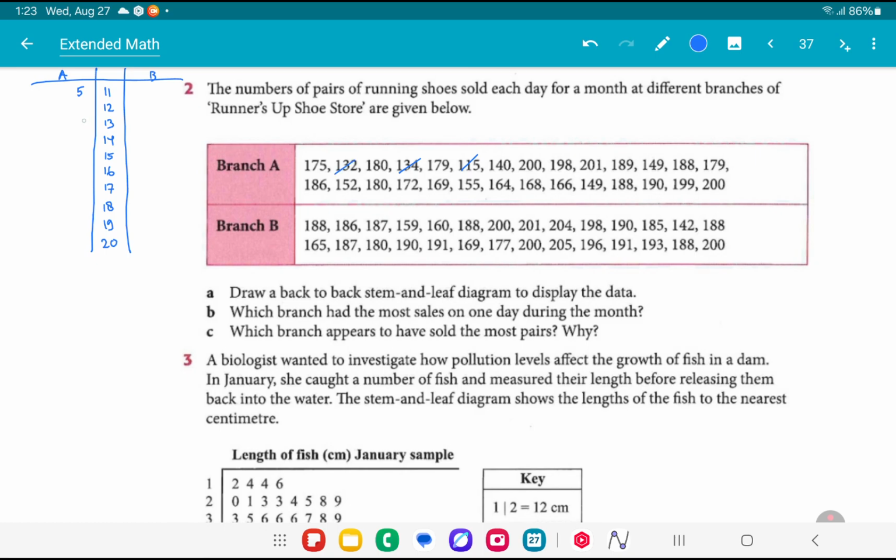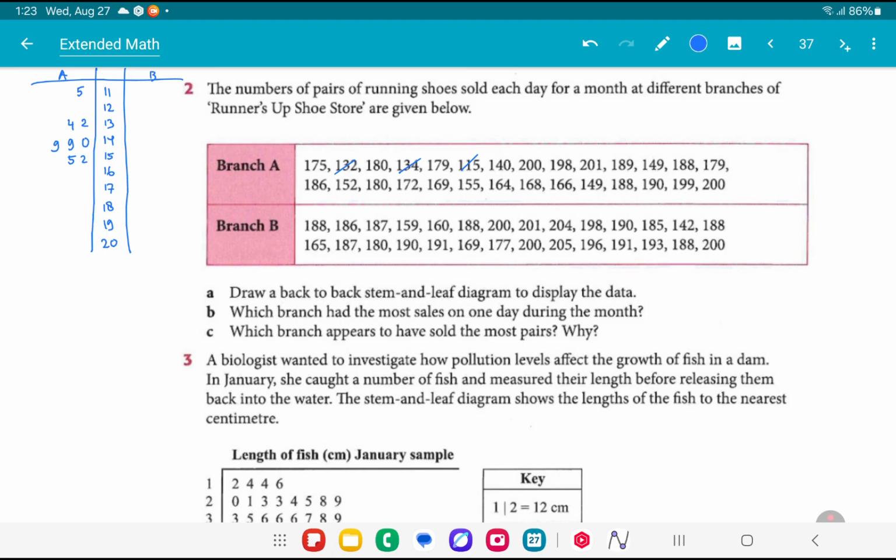So we write down here 2 and 4, and then we continue with 140 something, we get 0, 9, and 9. For 150 something, we find 152, 155, and we write down 2 and 5.